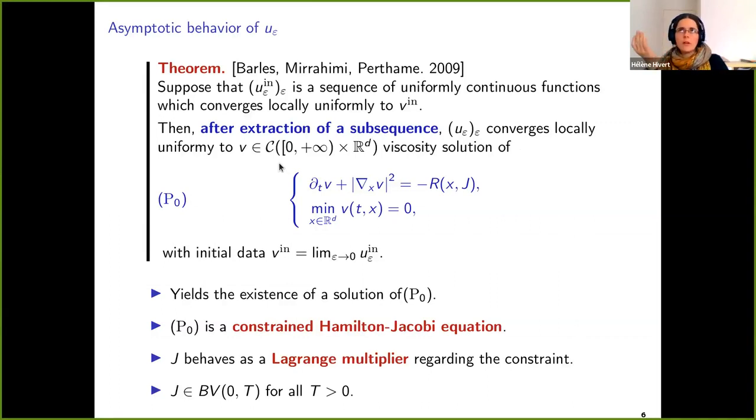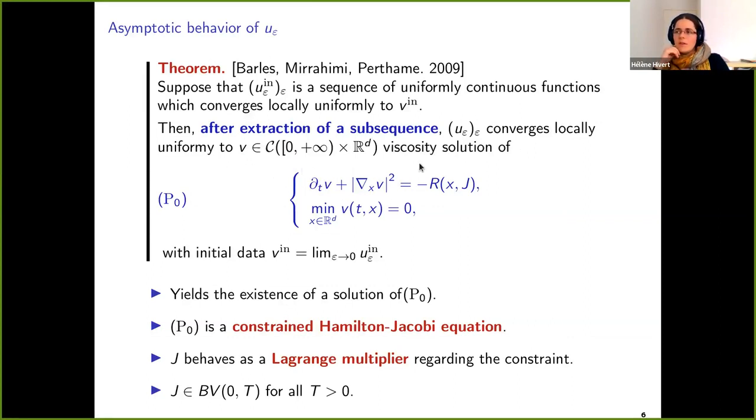So it is more regular than only a measure, but it's not as regular as the solution of a reaction diffusion equation, for instance. And in fact, the good regularity assumption is Lipschitz, so you can't expect more regularity than continuous.